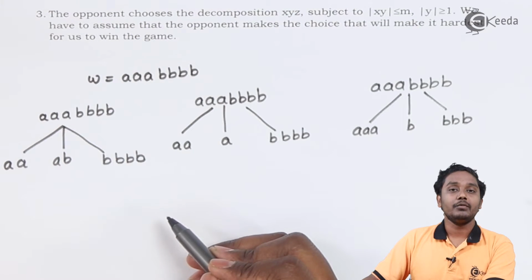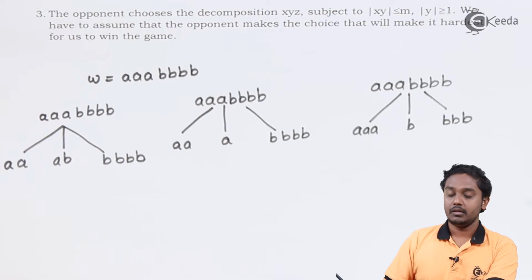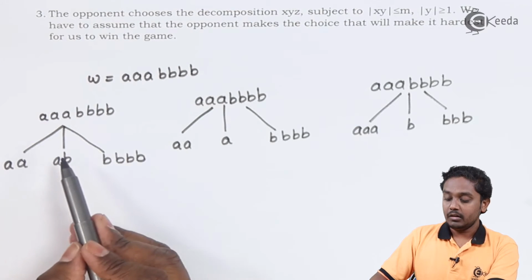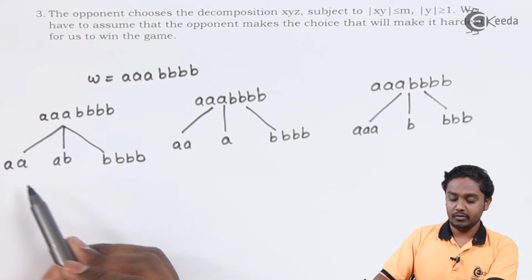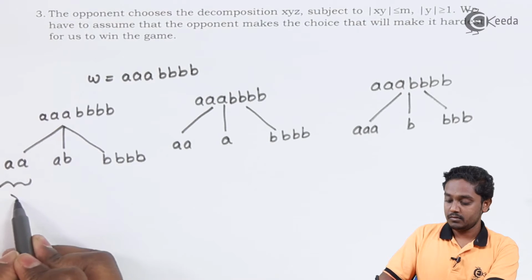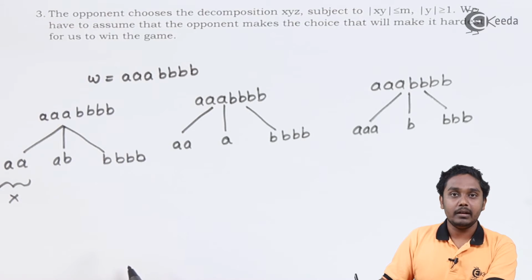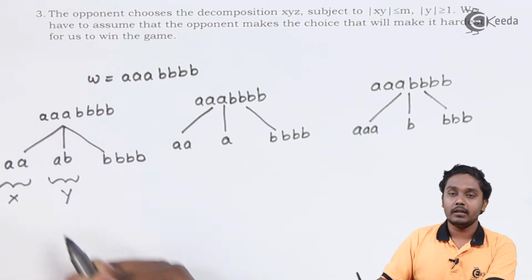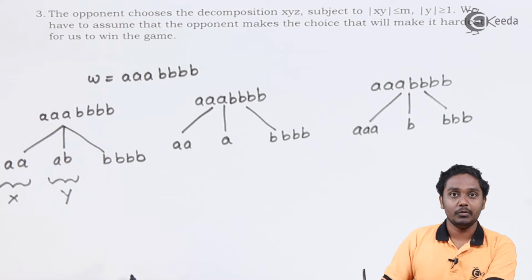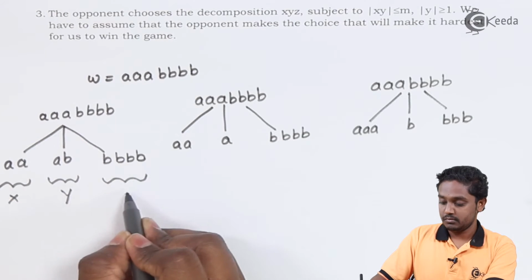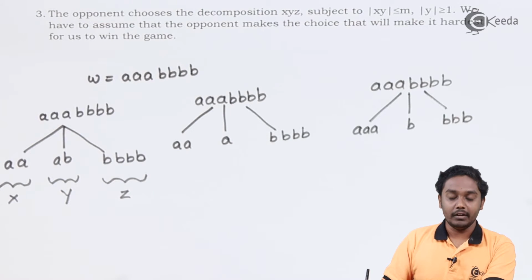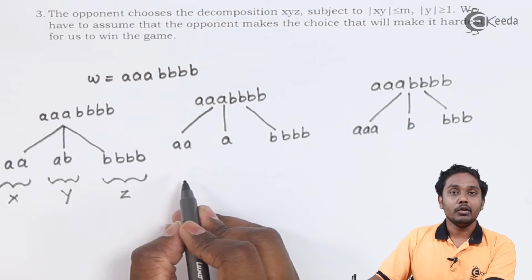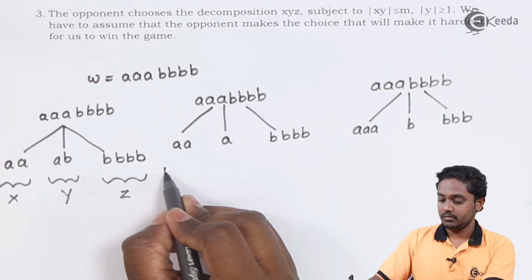Over here, I have shown three types of splits. Number one, a number of a's are grouped into x. The middle a and b is grouped into y. And the rest of the portion is grouped into z. In the second one, a number of a's are grouped into x.